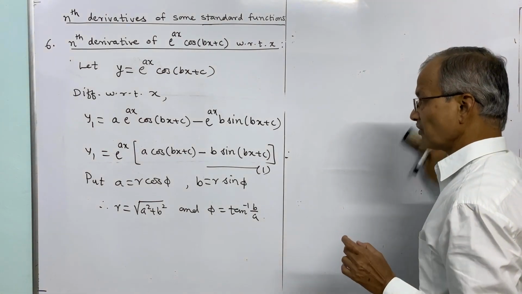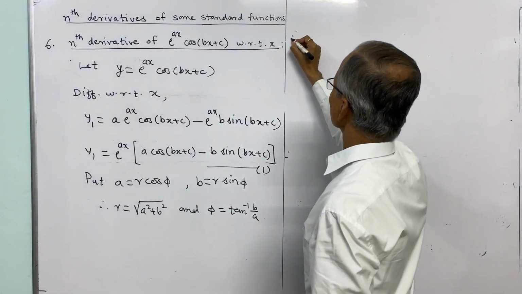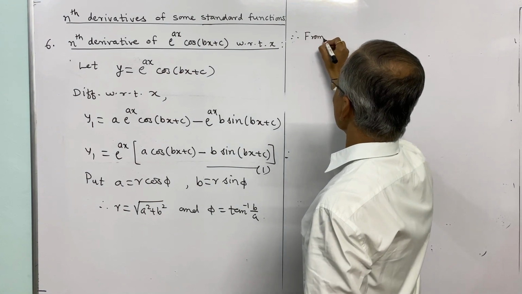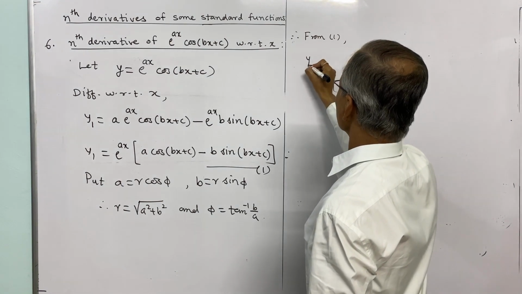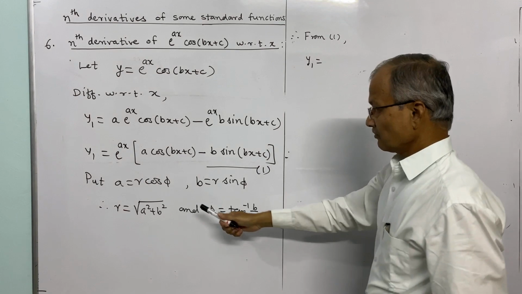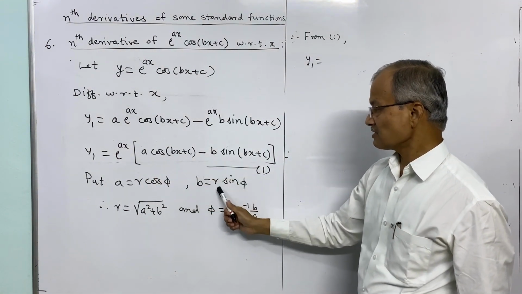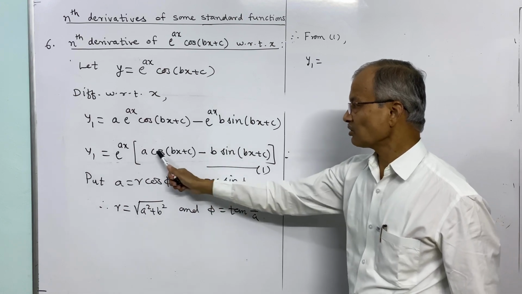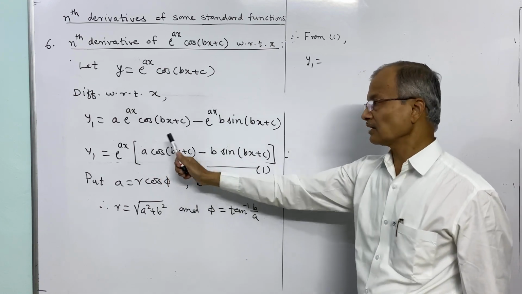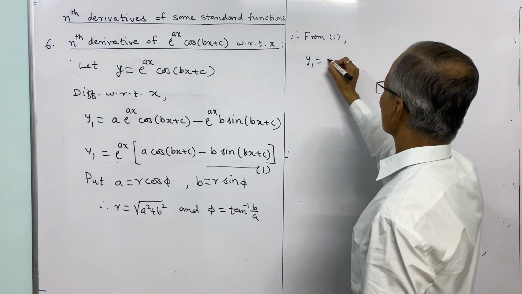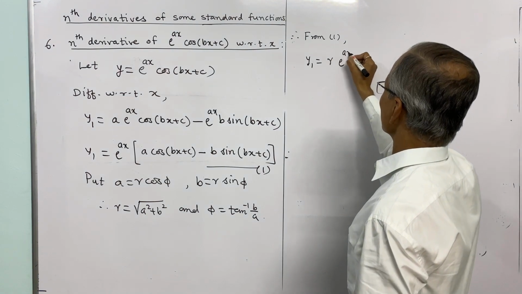So therefore from 1 we have y1 equal to, and we are putting a as r cos phi and b as r sin phi. So r is common in these two terms, and I shall write it outside this expression.